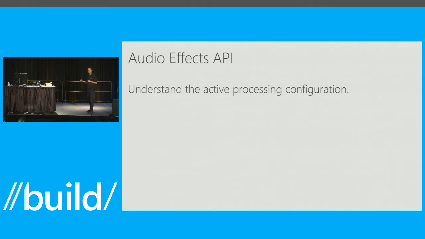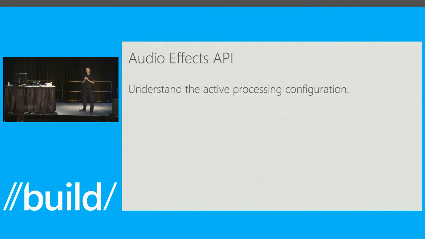So if you take the example of the real-time communication scenarios, it is very crucial for you to know whether echo cancellation is already in the pipeline so that you don't have to do it again in your app. Or you want to be able to do it if the system doesn't enable it by default. What you don't want is for both of them to be turned on, in which case you're guaranteed to have echo.